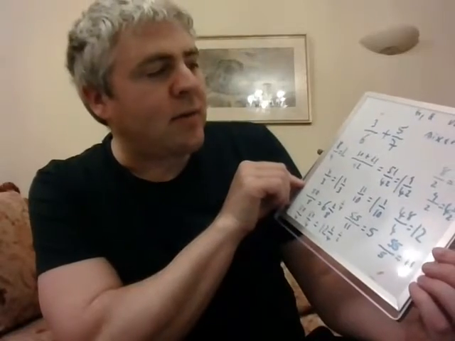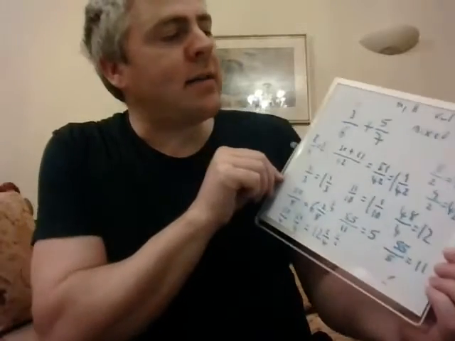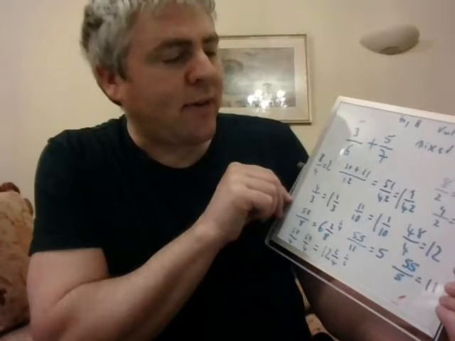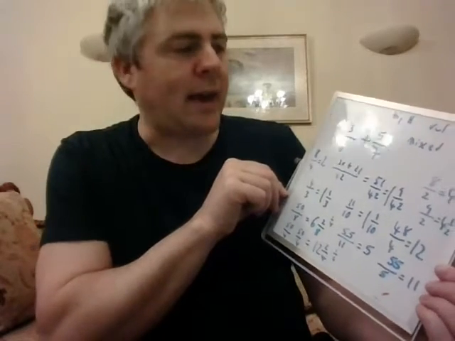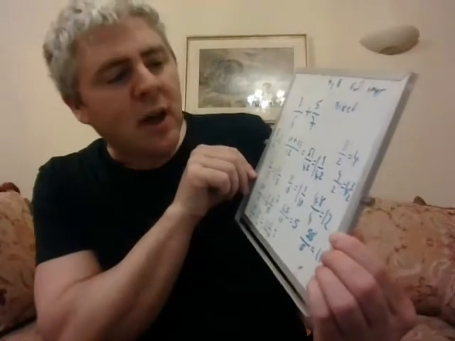And I've also done 8 over 2, which equals 4. There aren't any remainders there because it goes into it exactly. And then below that I've got 9 over 2.